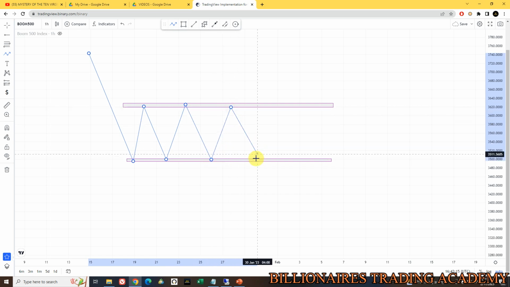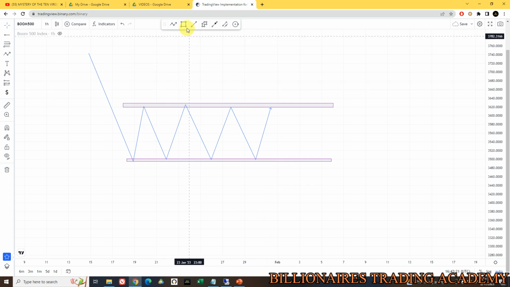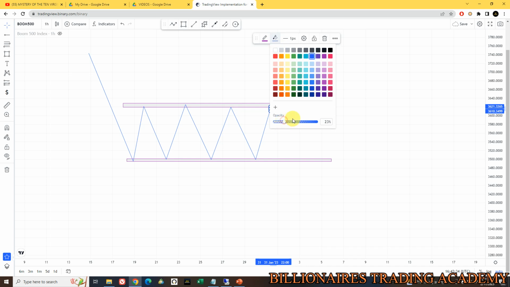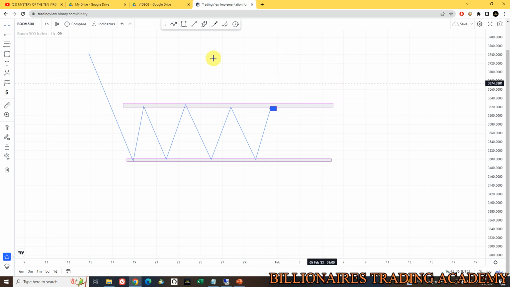Let's say price reaches here. So now it's not just any area that you would see a candlestick and then boom, you take a trade. Let's say it reaches there and it gives you this candlestick, a candlestick of this sort.